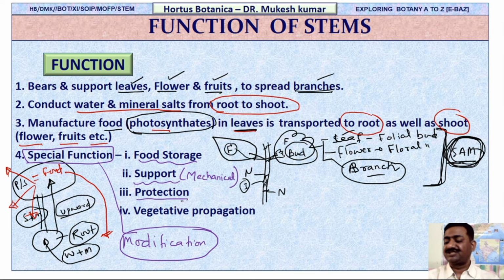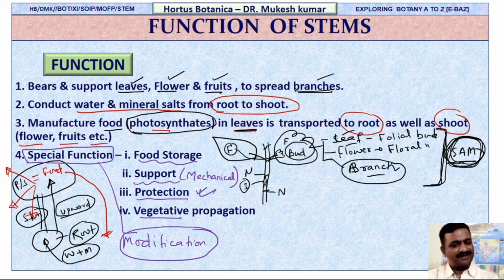And protection: it might be seen that a stem forms thorns, spines, prickles. These are defensive structures that defend against browsing animals, and they also reduce water loss. So this is also a very important modification we will study.